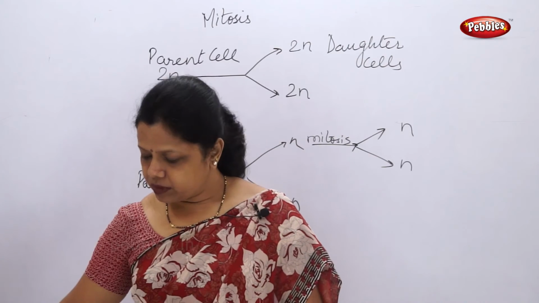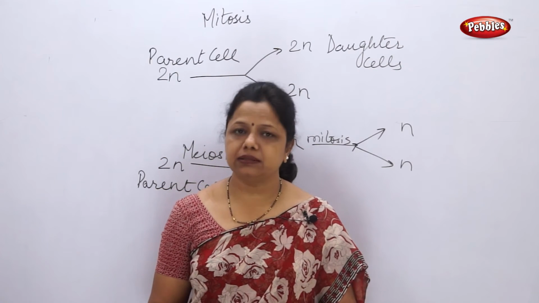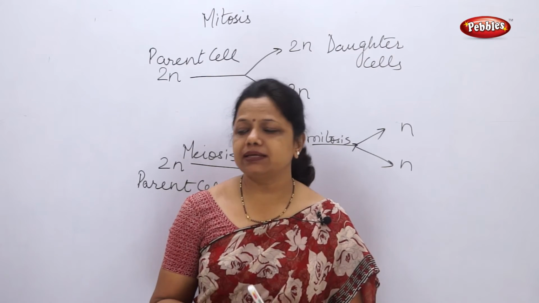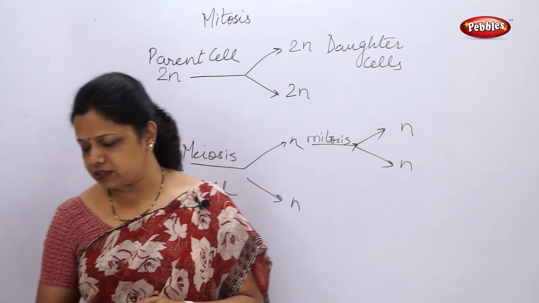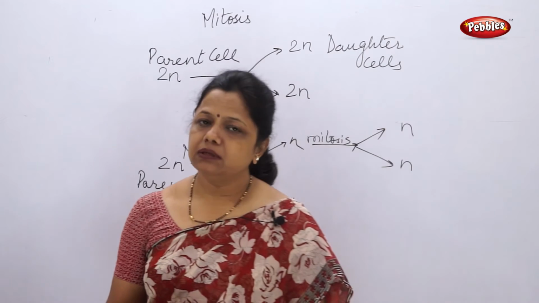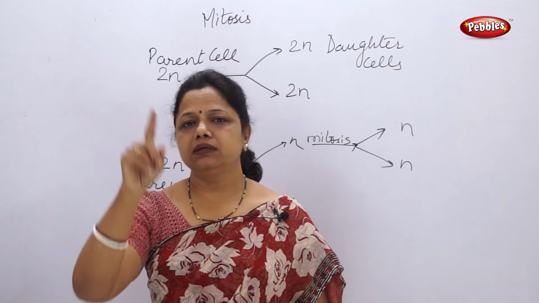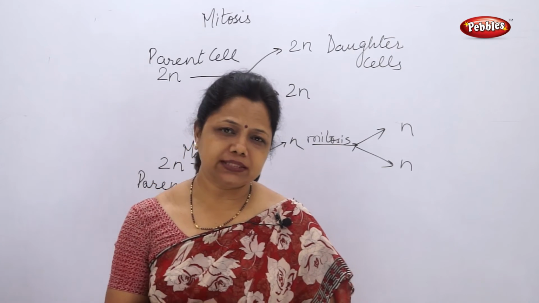The next question, very important, related to sexual reproduction in plants. Why is fertilization in plants called double fertilization? Write the names of the parts which are involved in it. Now, sexual reproduction involves the pollen grains falling on the stigma. From the stigma, the pollen tube is formed. The pollen tube is carrying two male cells.